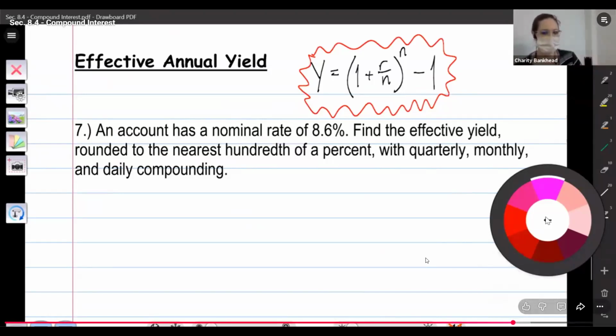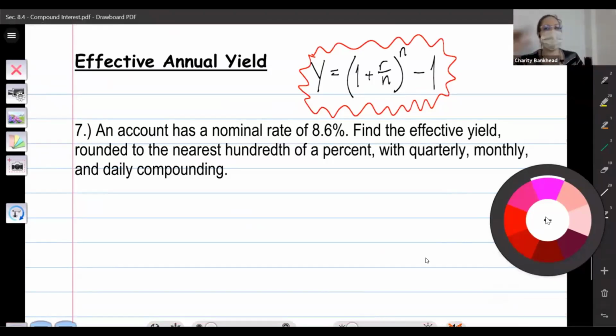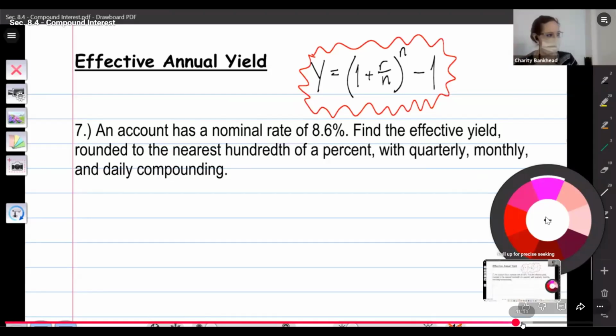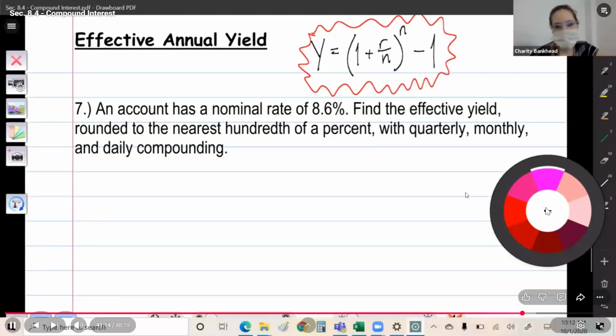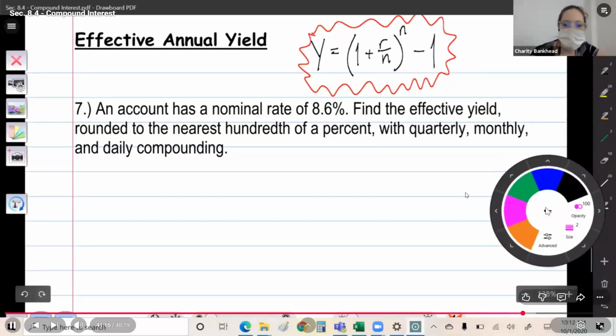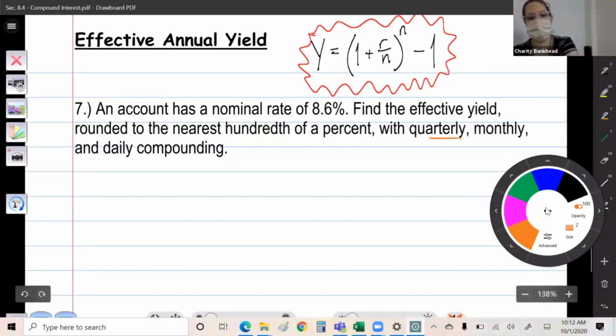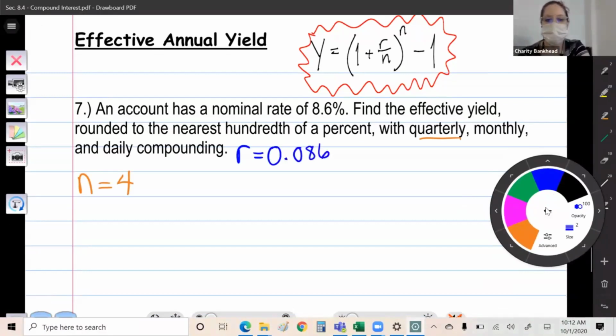All right, so find the effective yield rounded to the nearest hundredth of a percent with quarterly, monthly, and daily compounding. Okay, so for quarterly, that would be n is equal to 4. And for all of these cases, r is going to be equal to 0.086.